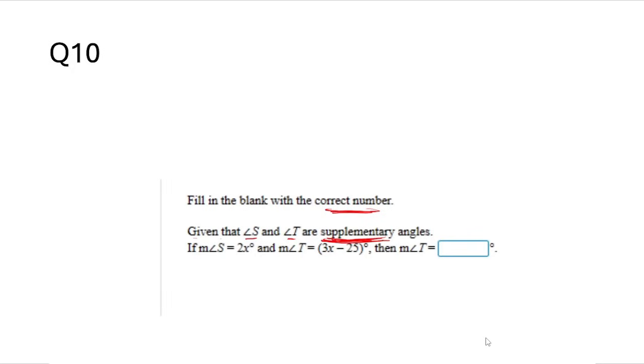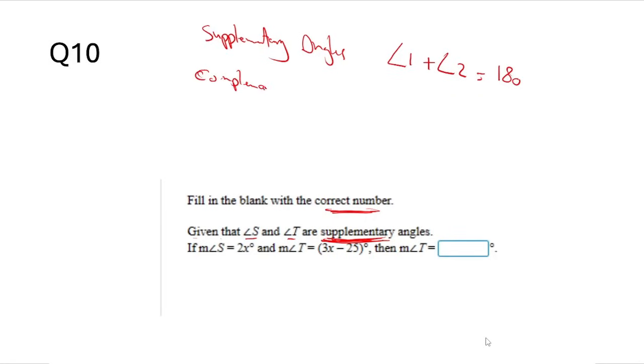As we said, if it says supplementary angles, that means the pair angle, angle 1 plus angle 2, will be equal to 180. If complementary angles, angle 1 plus angle 2 will be 90.